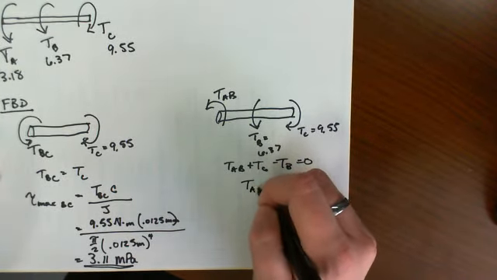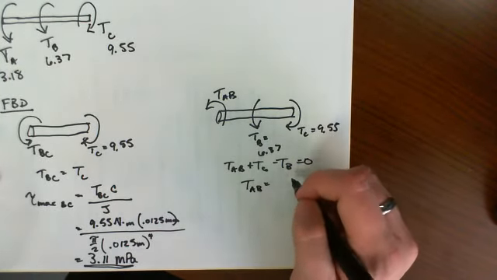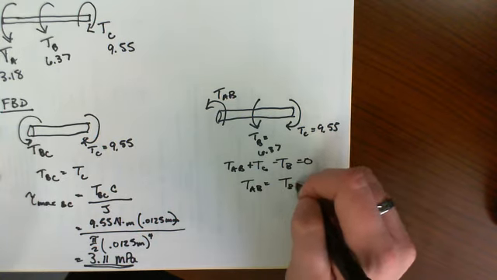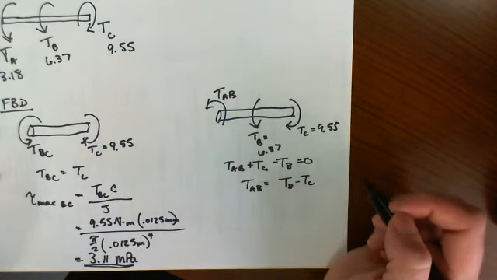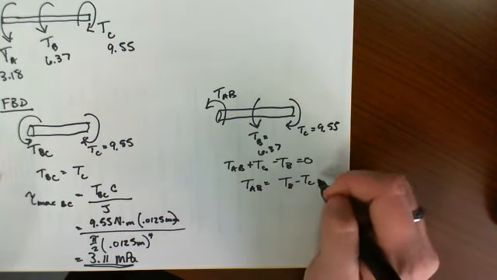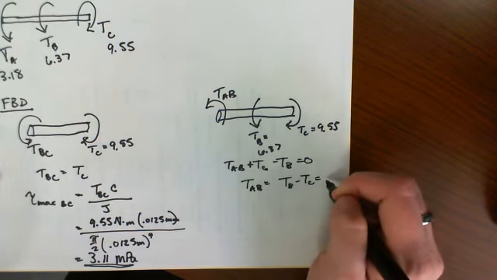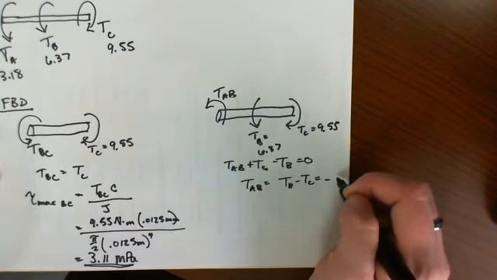So TAB is equal to TB minus TC, which is negative 3.18.